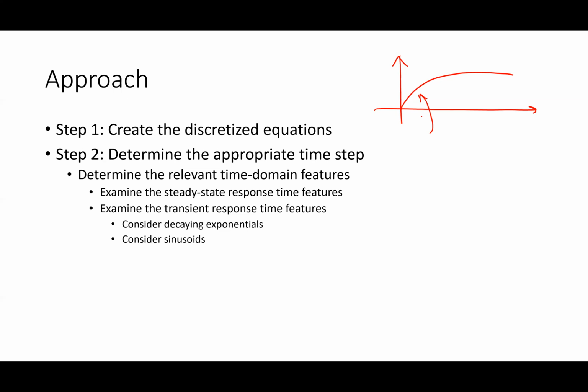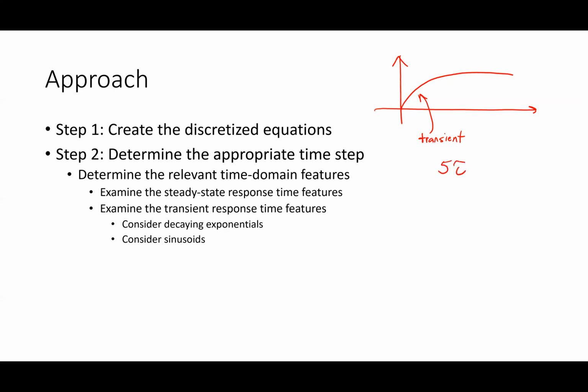So this part's the transient part. If I said to you, how long does a transient last? If I have an exponential transient, you told me this the other day. How long does an exponential transient last? 5 to 10 tau. So let's say it's 5 tau.